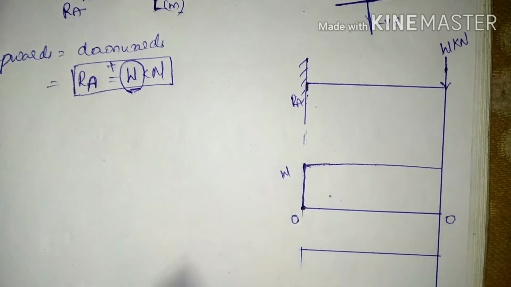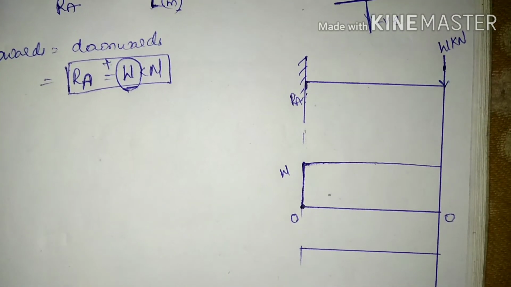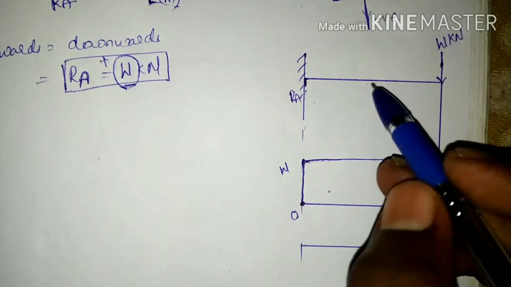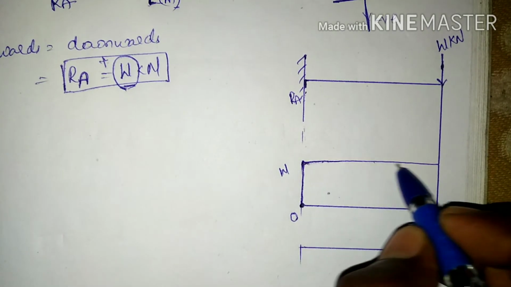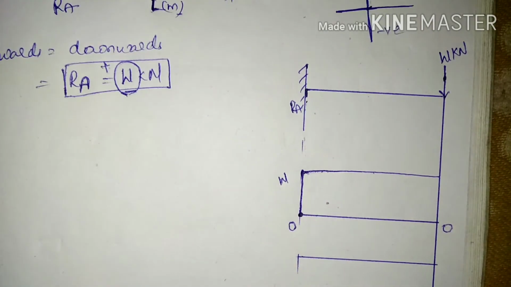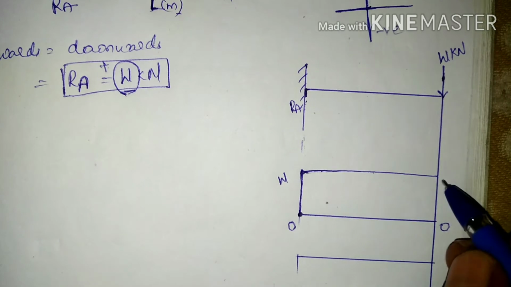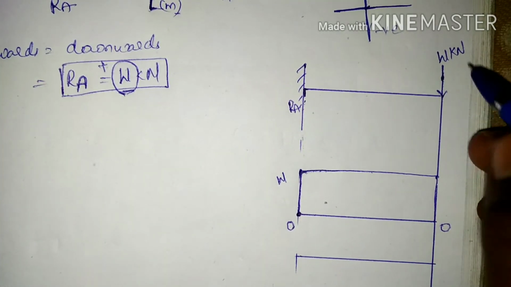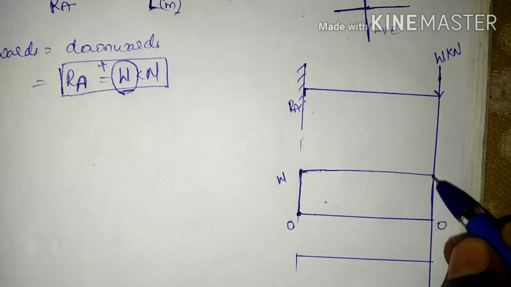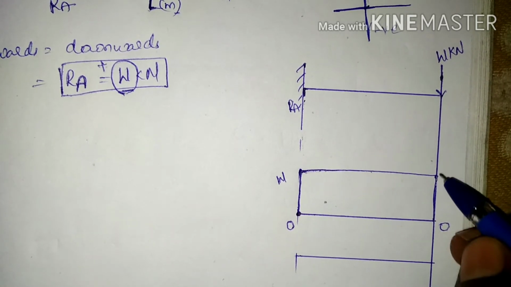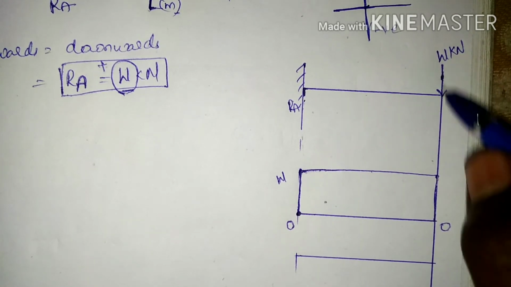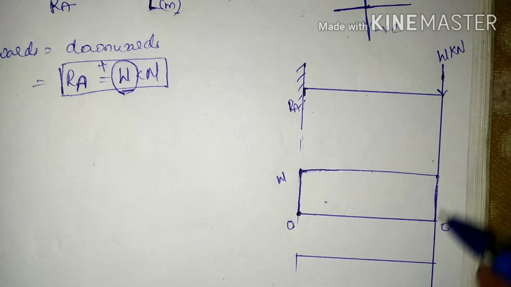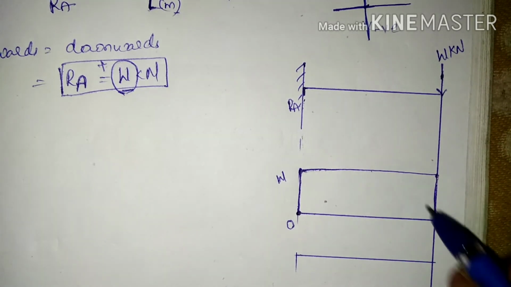I am moving with a straight line because there is no load in between, and getting down by the downward reaction, that is negative, so that it gains to 0. Positive W, downwards it will become negative, so it comes to 0.